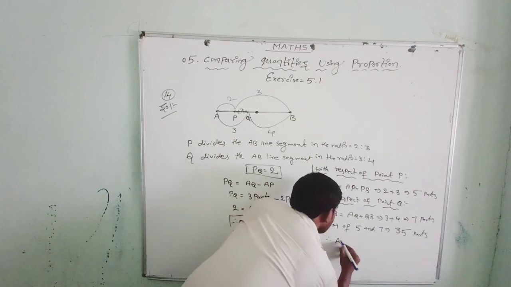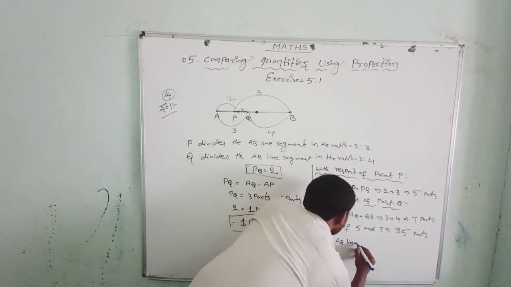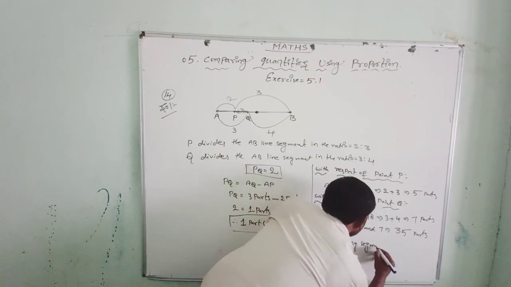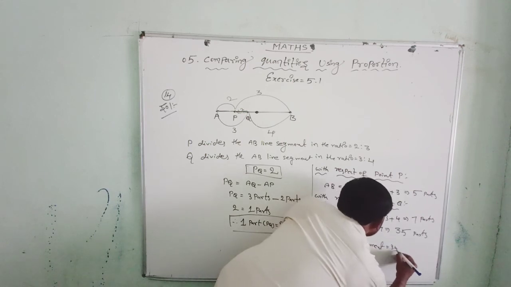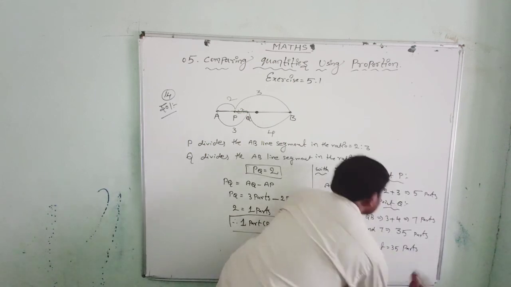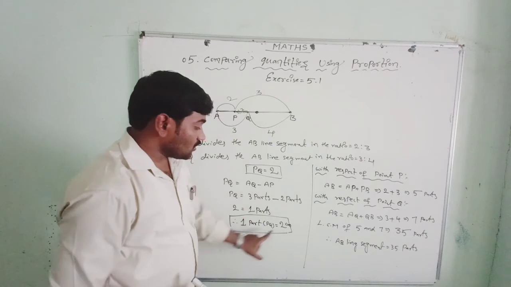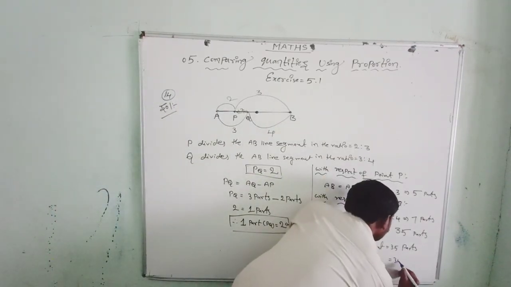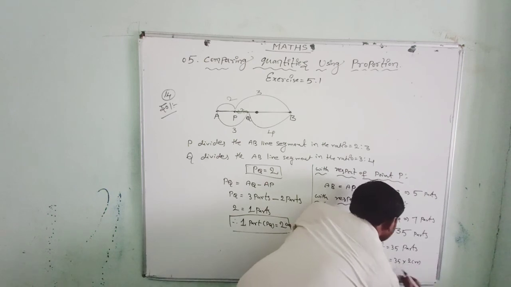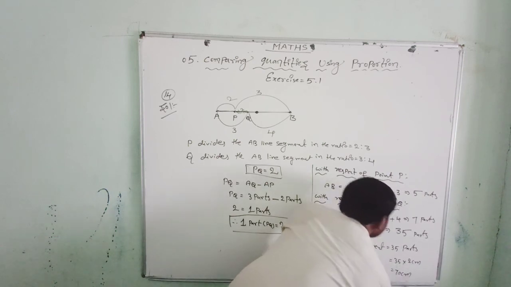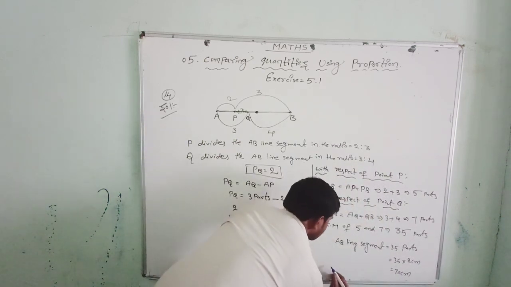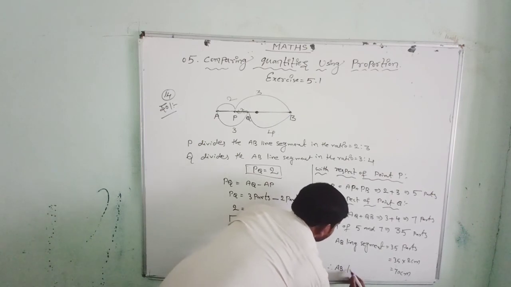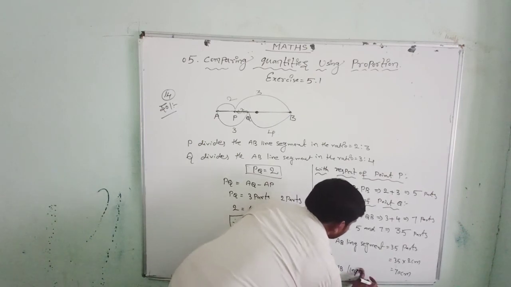Therefore, the AB line segment equals 35 parts, but one part equals what? 2 centimeters. So 35 parts equal 35 into 2 centimeters, that is 70 centimeters.